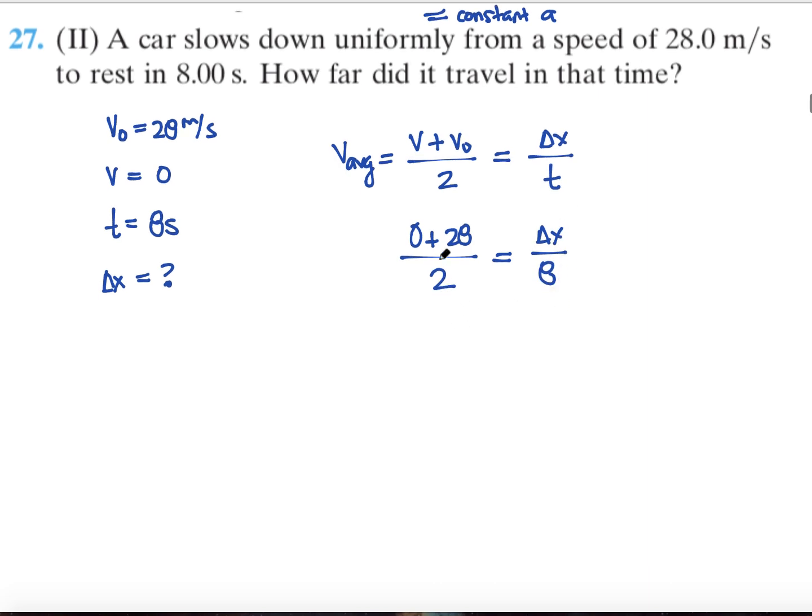So I now have 28 divided by 2, which is 14, times 8 is my delta x. And so how far did I actually move? I moved 112 meters. So keep in mind that even though this is not a kinematic equation, I do need to have both of these definitions for the average velocity.